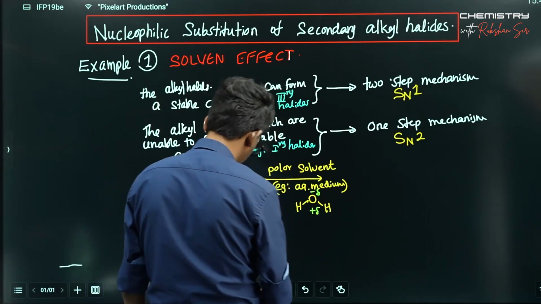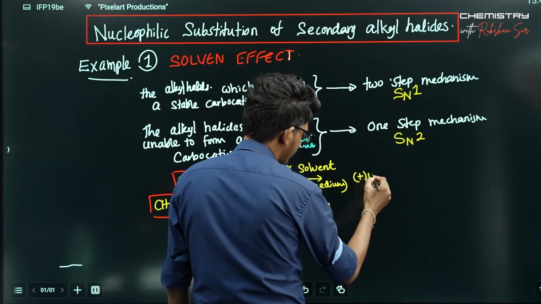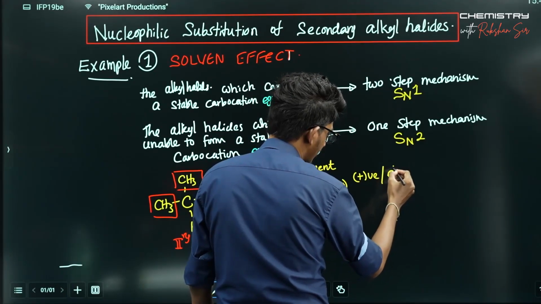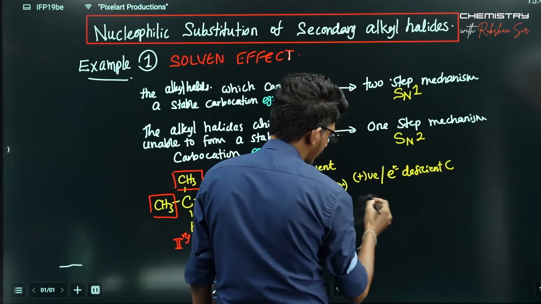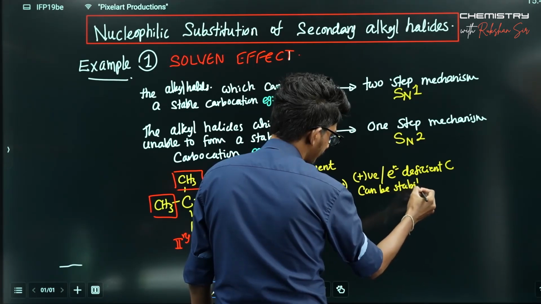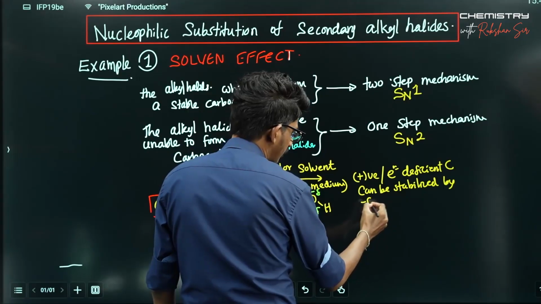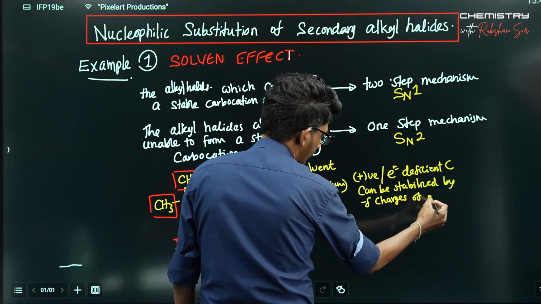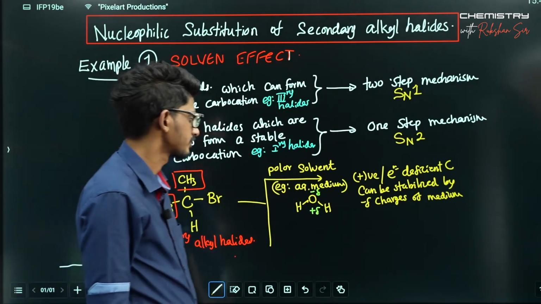So we can say the positive, or electron-deficient, carbon can be stabilized by the negative charges of the medium, right?